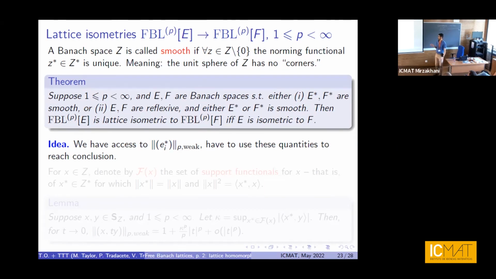Really all the proofs use this map phi sub T. To analyze it, we know essentially two things. We know that it's weak star to weak star continuous on bounded sets, and we have access to the p-weak norms of n-tuples.